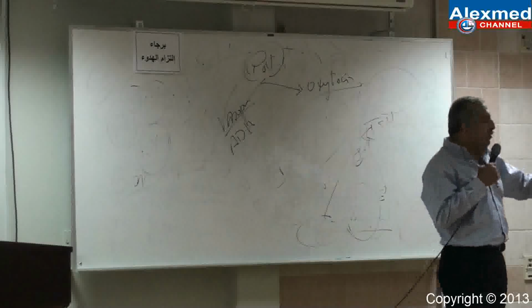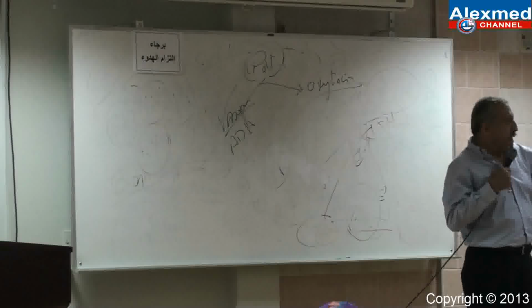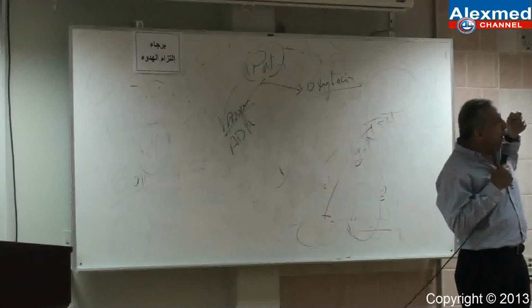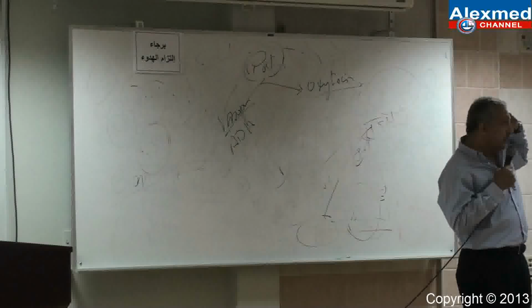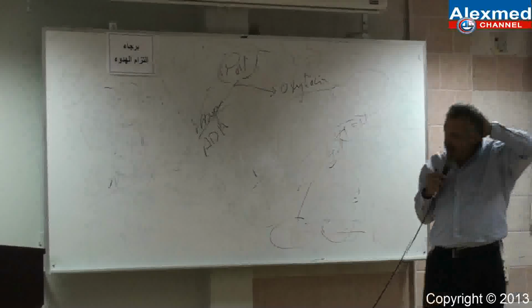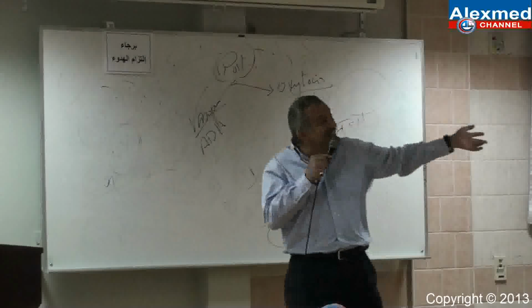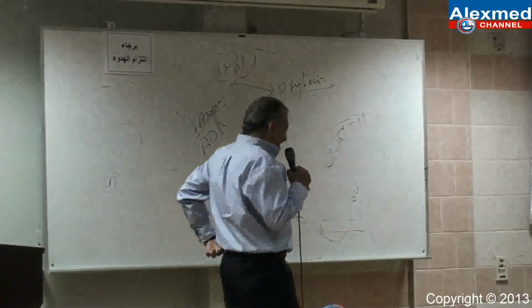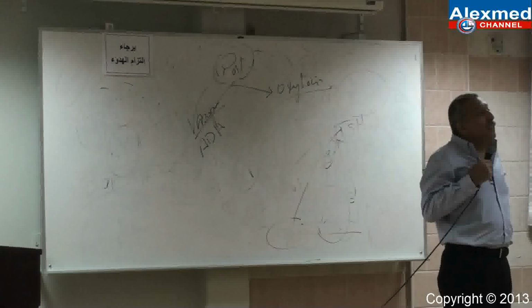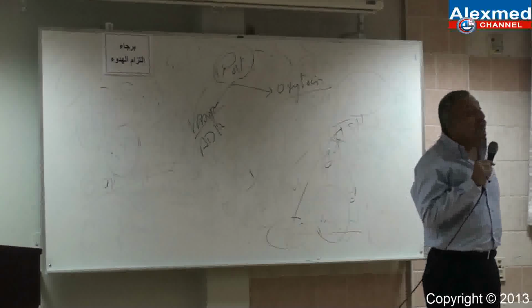So, in this situation, in this chair, I'm going to take a blood sample. What am I going to find? Vasopressin or ADH? Or both? They are the same, but they have two names.